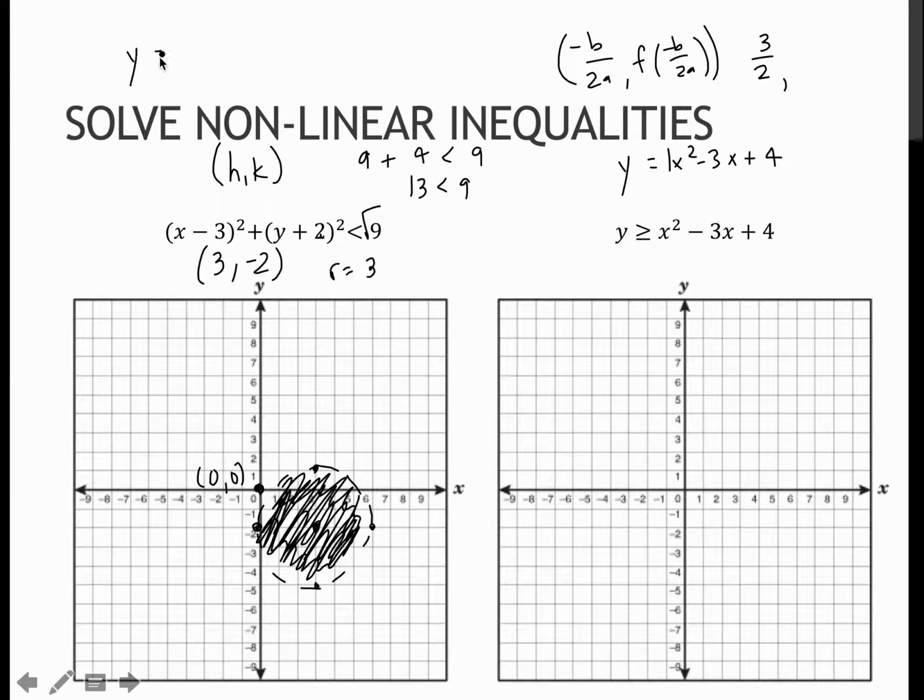So y is equal to 3 halves squared minus 3 times 3 halves plus 4. Yes, it's going to be a fraction, but that's okay. 3 halves squared is 9 over 4. -3 times 3 halves is -9 halves plus 4.